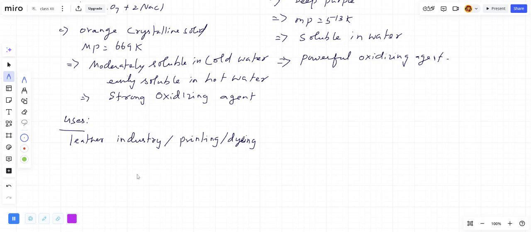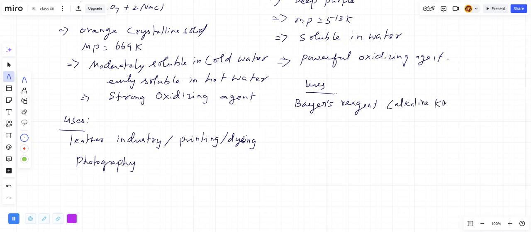It is also used as a base reagent. Base reagent means alkaline potassium permanganate.